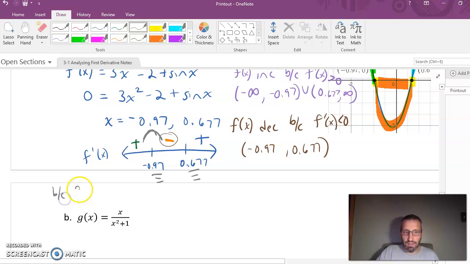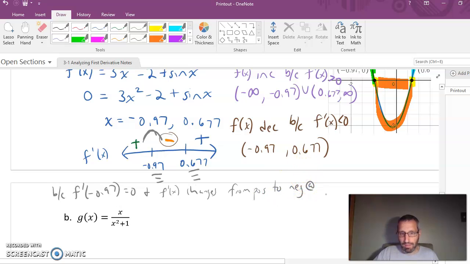So because f prime of negative 0.97 is 0 and f prime of x changes from positive to negative at x equals negative 0.97, we have a local max. I squeezed it in there.